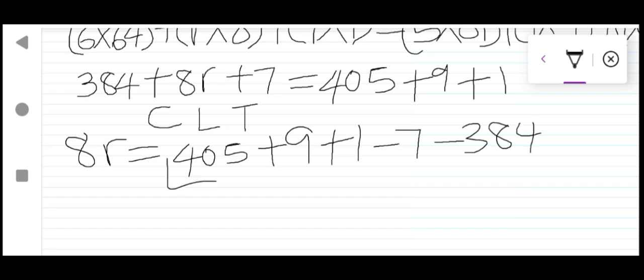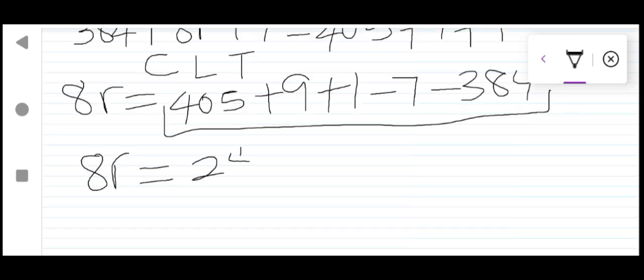So let's go check this out. 405 plus 9 gives 414, then plus 1 gives 415, minus 7 gives 408, minus 384 gives 24. And we need to divide both sides by the coefficient of r, which is 8.